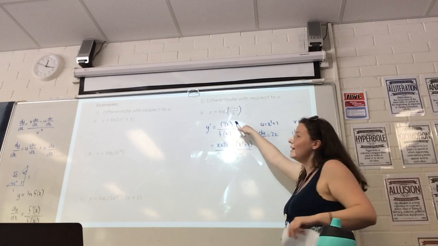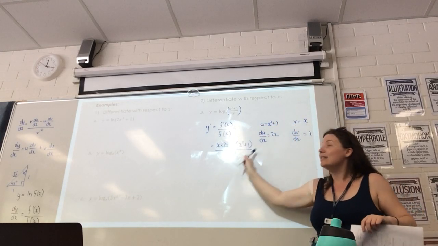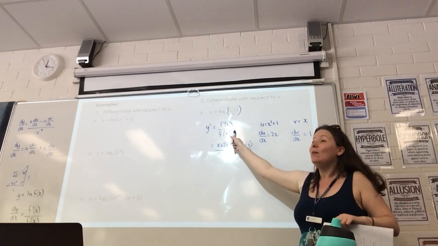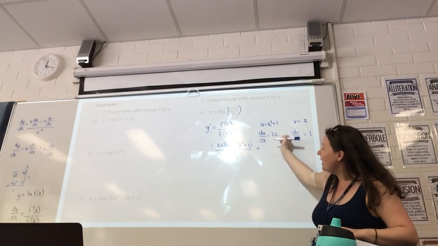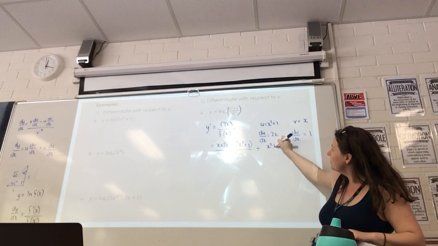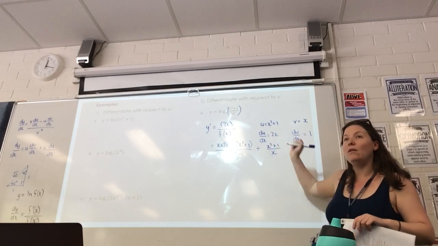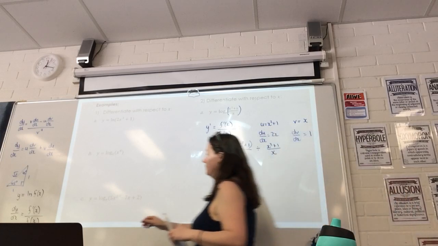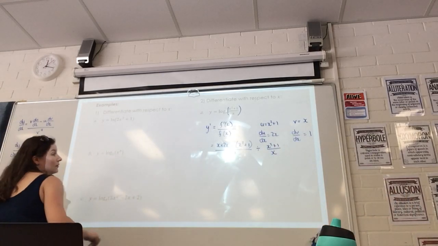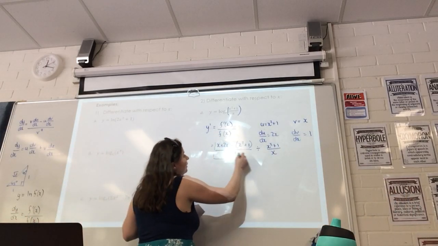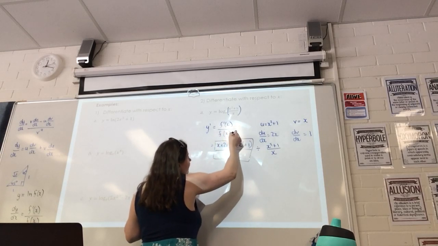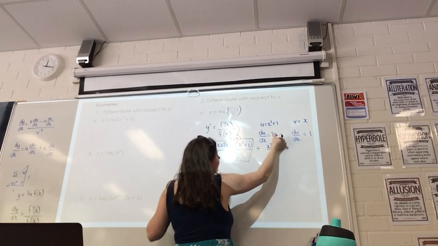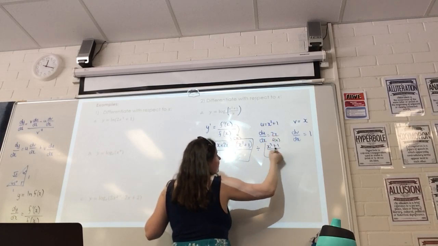Now, note that this here is f dash of x. You with me? Now I need to divide by f of x. So the way that I'll do that is divide by f of x, and this is f of x.